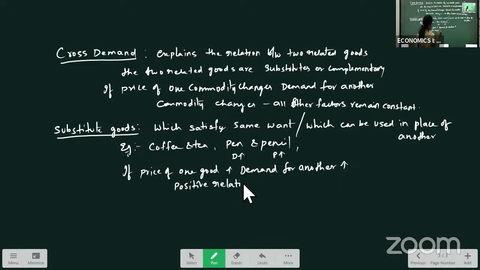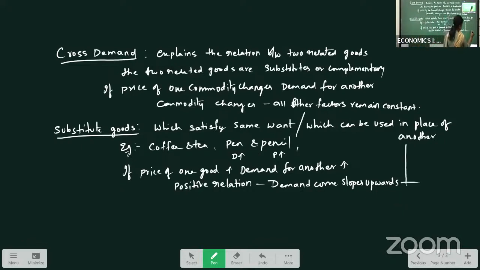Means there is a positive relation for substitutes. When there is a positive relation, how will our demand curve be? The demand curve slopes upwards. Remember, positive relation means the demand curve will slope upwards. Negative relation means the demand curve will slope downwards. Positive means both are increasing, price as well as quantity. So for substitute goods, our demand curve will slope upwards.